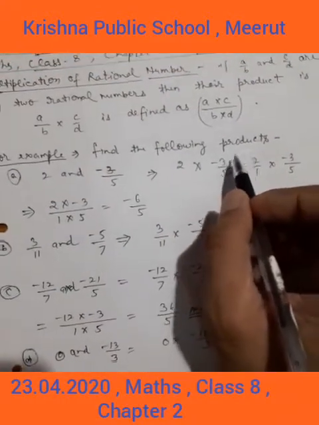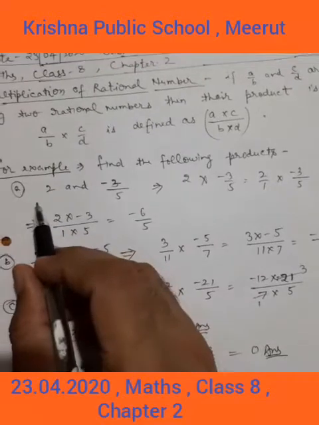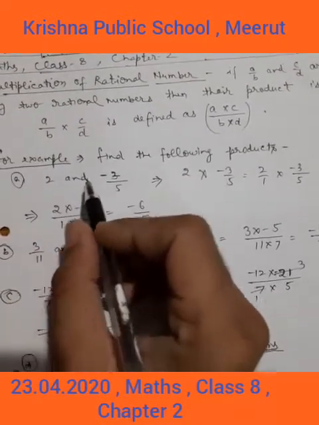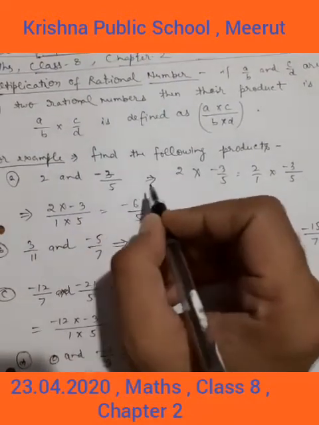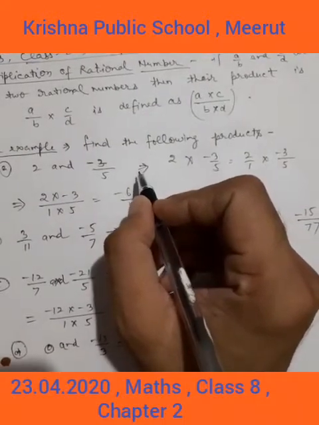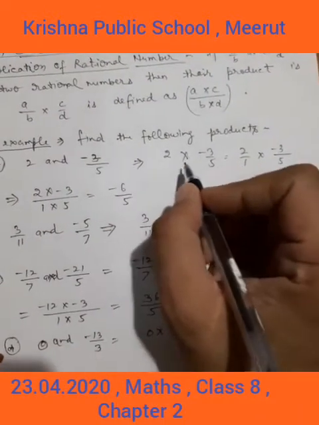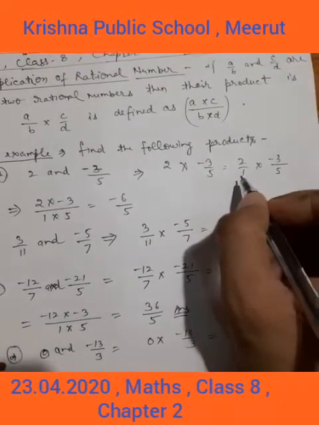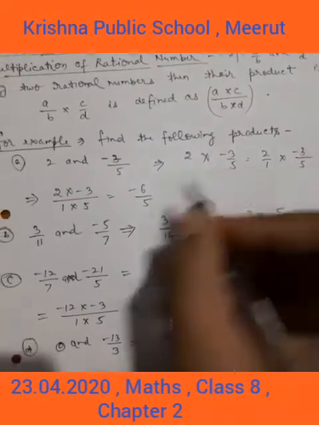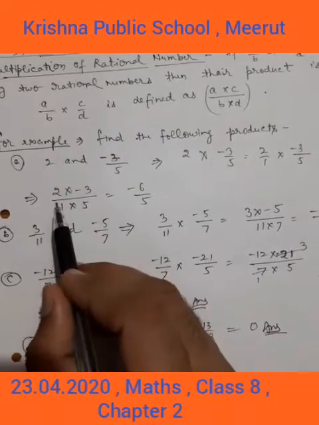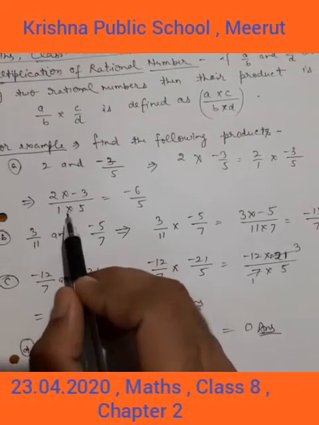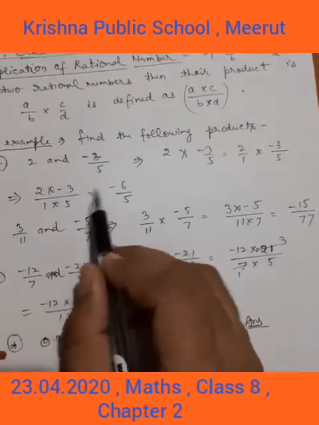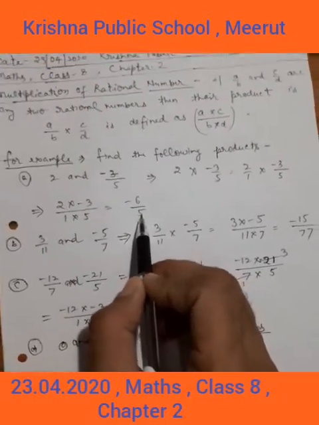First part is 2 and minus 3 upon 5. Then this is equal to 2 into minus 3 upon 5, or we can also write 2 upon 1 into minus 3 upon 5, that is equal to 2 into minus 3 upon 1 into 5, and 2 3 is 6, minus 6 upon 5. That is the answer.